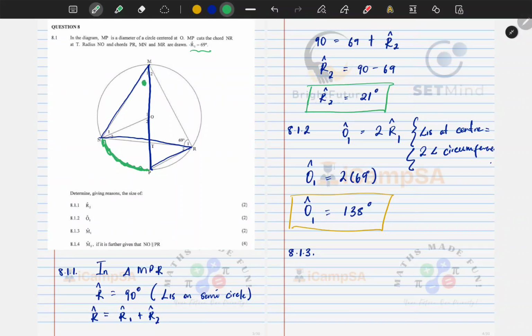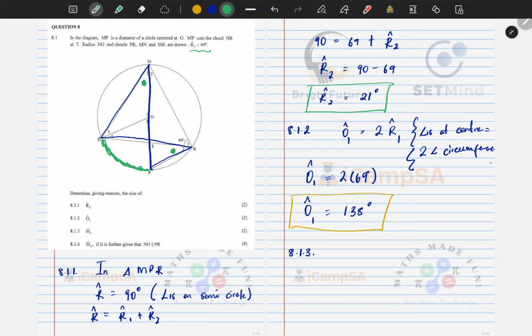So what do we know about angles in the same segment? Angles in the same segment, or angles subtended by the same segment, are equal. So that means that M1 is definitely going to be equals to R2.